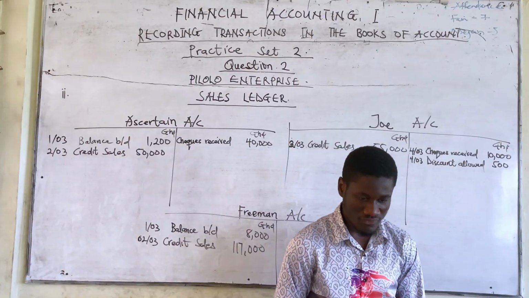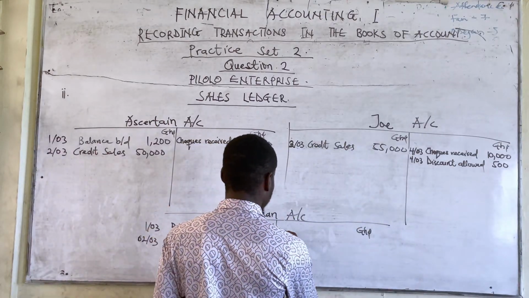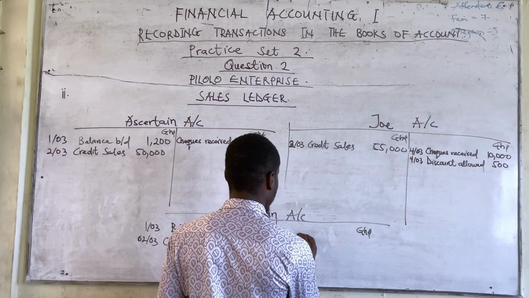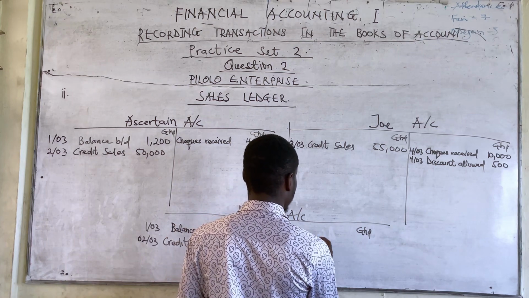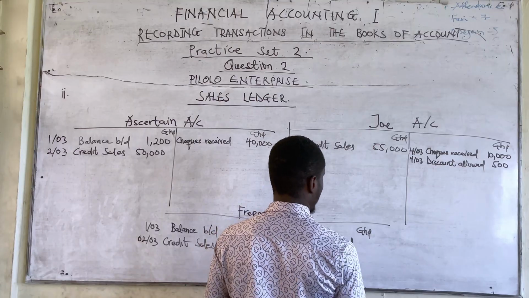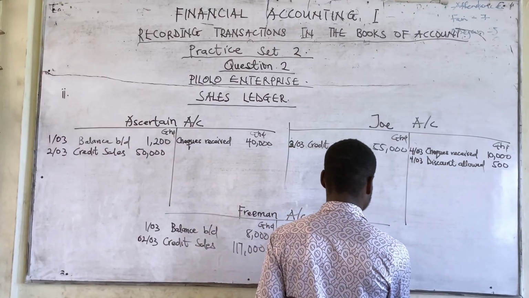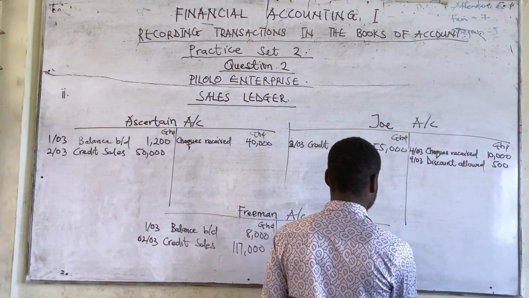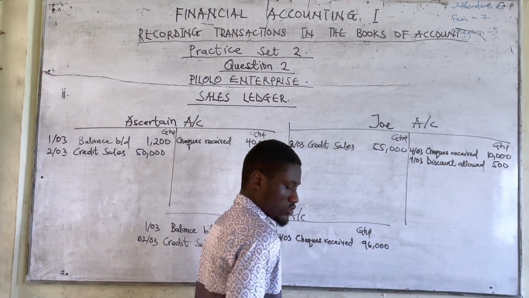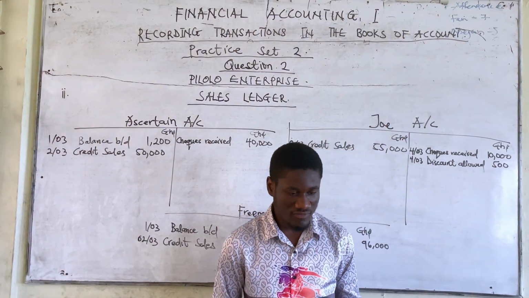So we are going to Freeman. The same 4th March, check receipt, 96,000. Good. Then we check for any other transaction involving the customers.